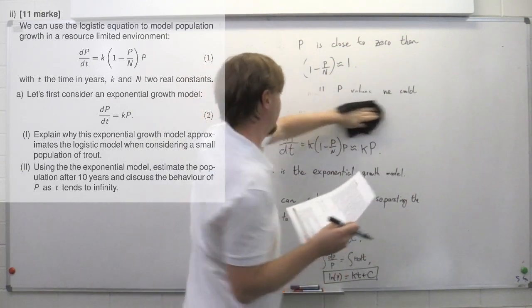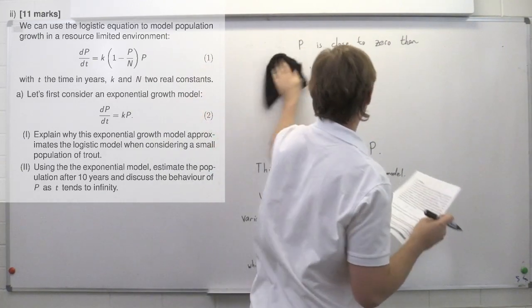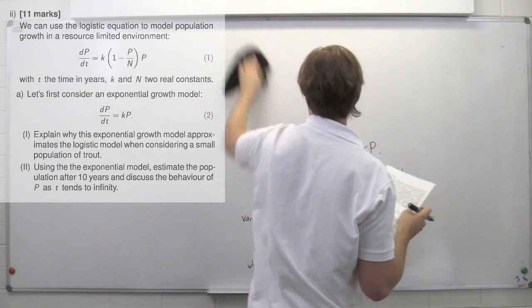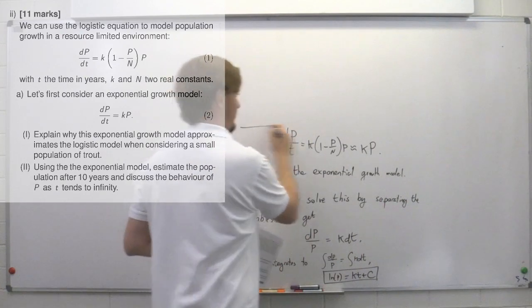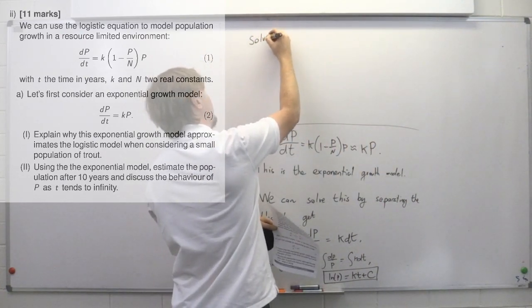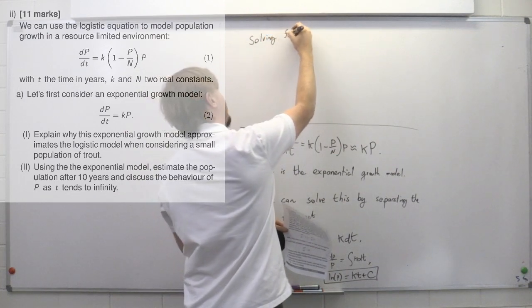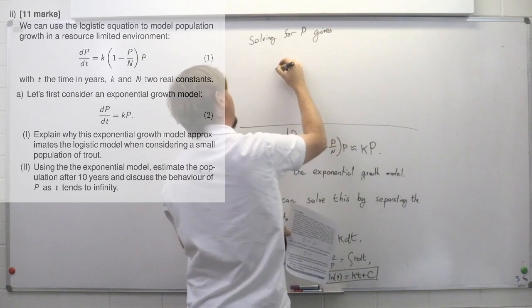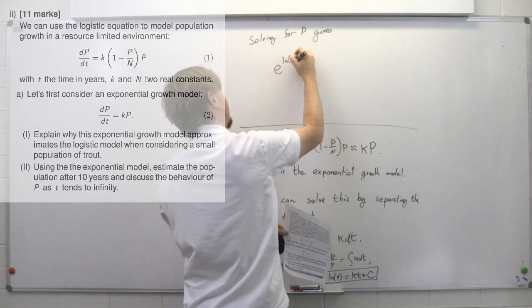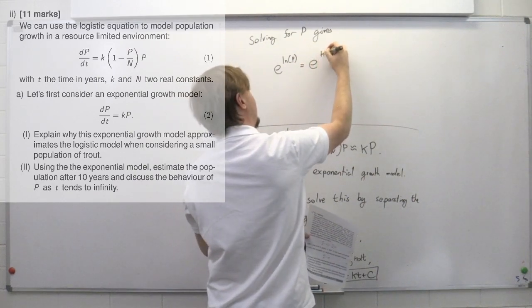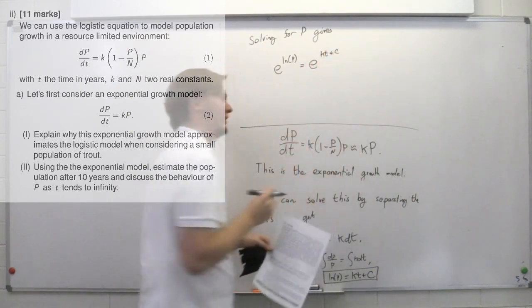Now I don't really want to know about the log of p, I would like to know about p, and I can solve this equation to give me something for p. Solving for p gives, well, we're going to get the exponential of the log of p is equal to the exponential of kt plus c, and we should recognize this from before.